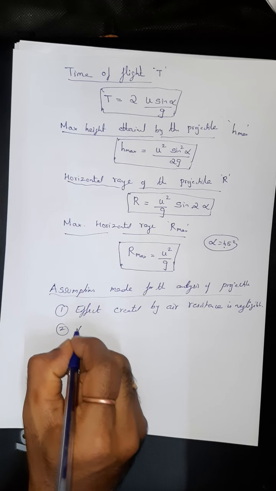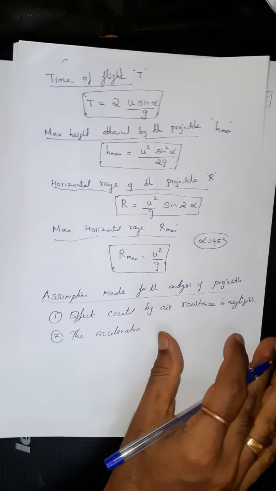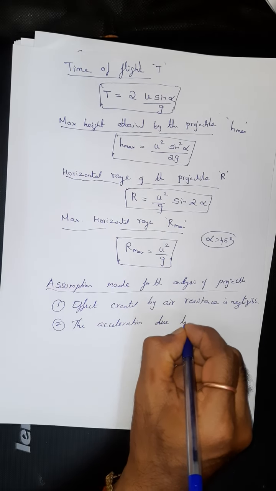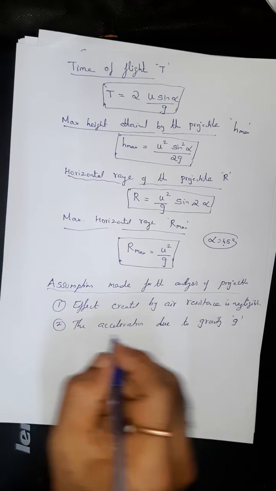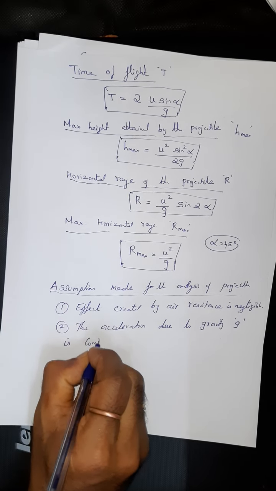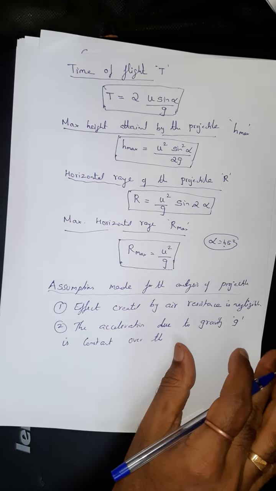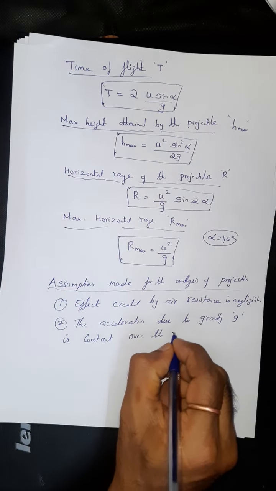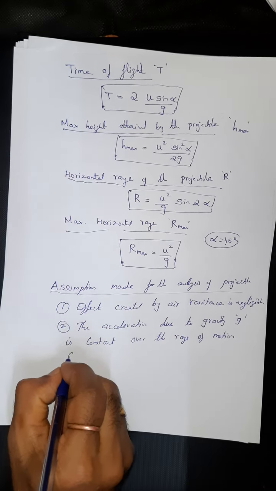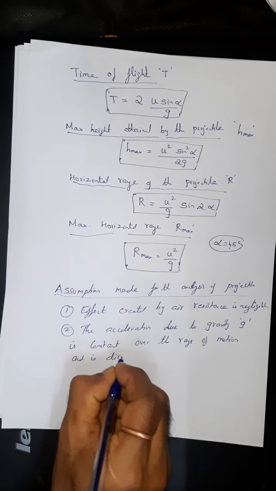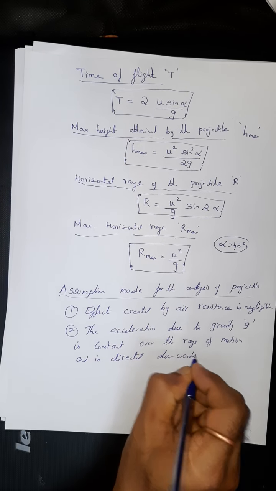Second, the acceleration due to gravity, denoted by g, is constant over the range of the motion and is directed downwards.